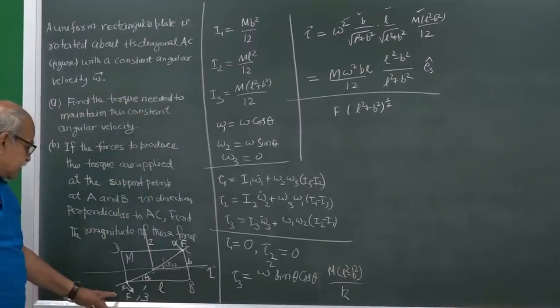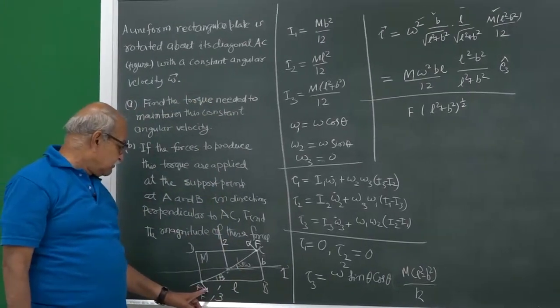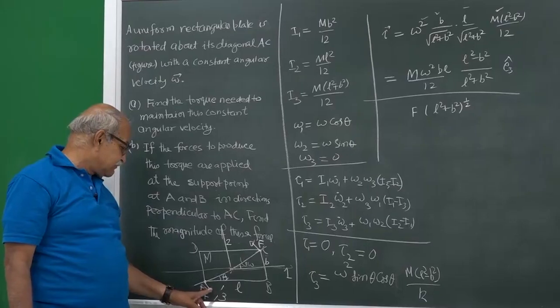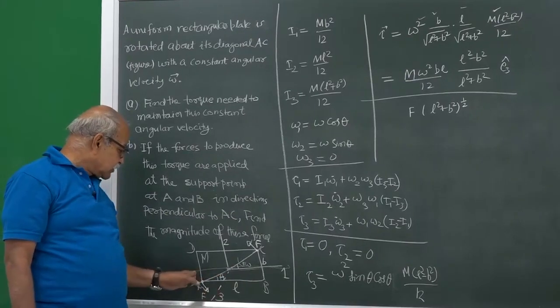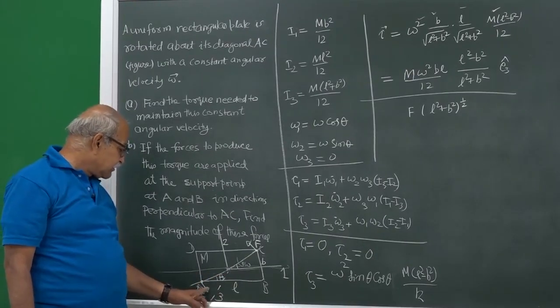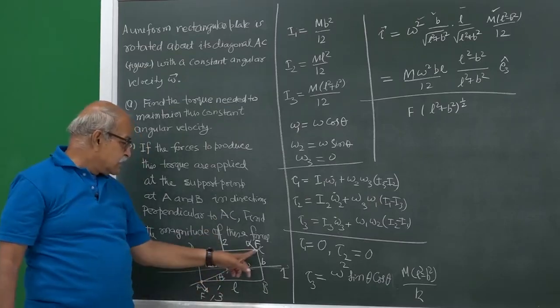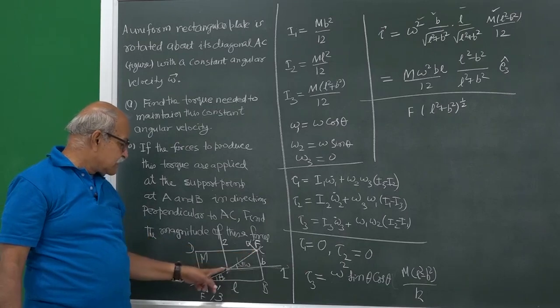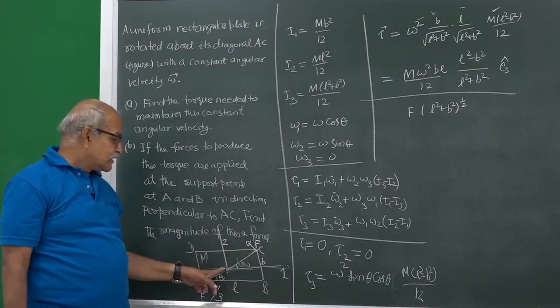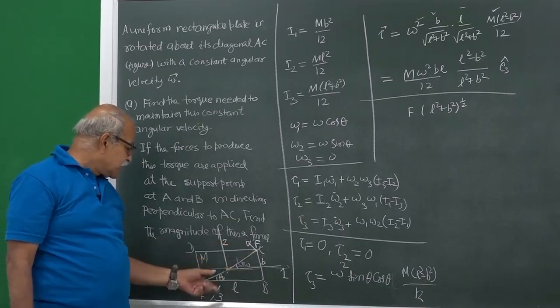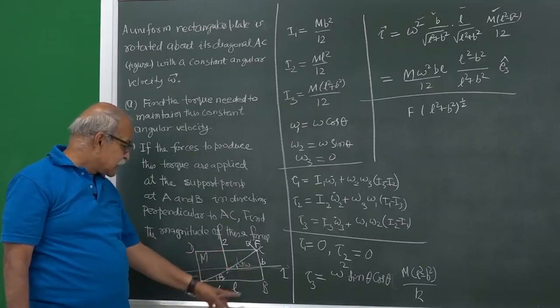Let us see once again. The torque of this F about this point, since it is already perpendicular, is F multiplied by this length, and the same for the other force. Therefore, it is F multiplied by double this length, that means the whole diagonal, the square root of L square plus b square.